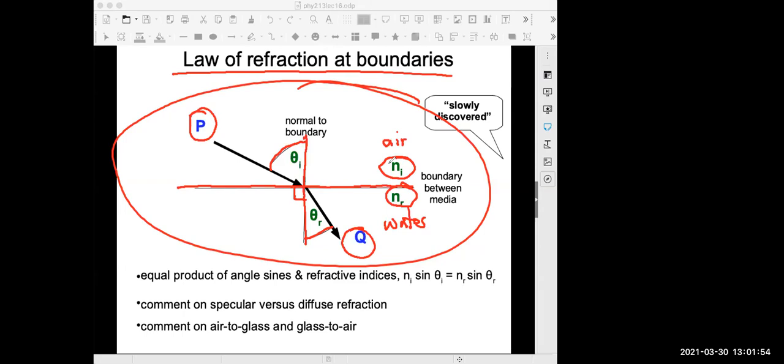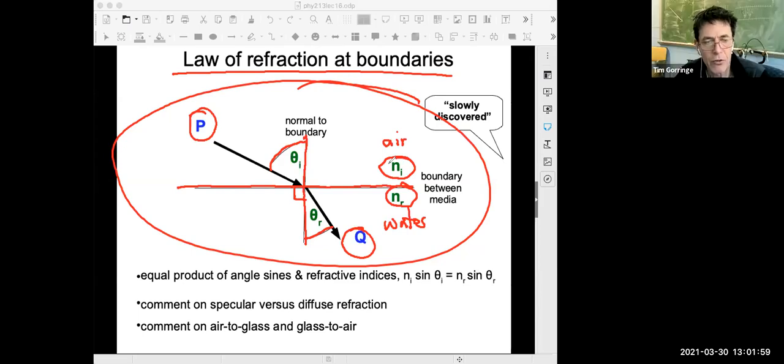Nr is a number that describes the optical properties of the other material, in this case, the water. And they're called refractive indices. So this is the refractive index Ni of the incident medium. This is the refractive index Nr of the refracted medium. And they describe the two different media. So air, water, glass, plastic have different refractive indices because they're different materials.